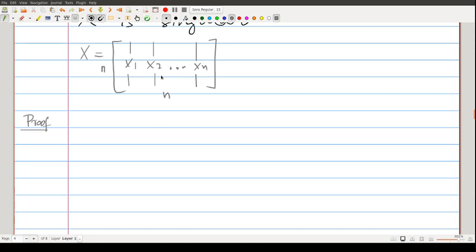And the idea is that we want them to be linearly independent. And we know that linear independence comes from C1x1 plus C2x2 plus dot dot dot Cnxn equals 0 only if the Ci's are all equal to 0, right? Then and only then do you have linear independence.